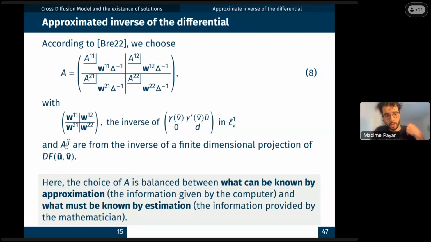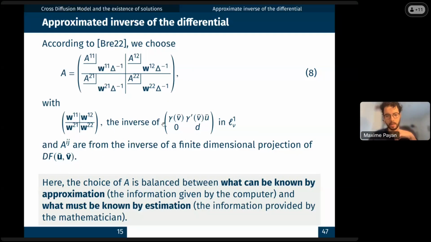And here the Aij are computed by the computer, and the tail part is computed by hand by the mathematician, and morally these terms are the inverse of the main part of the differential of df, of this infinite matrix.